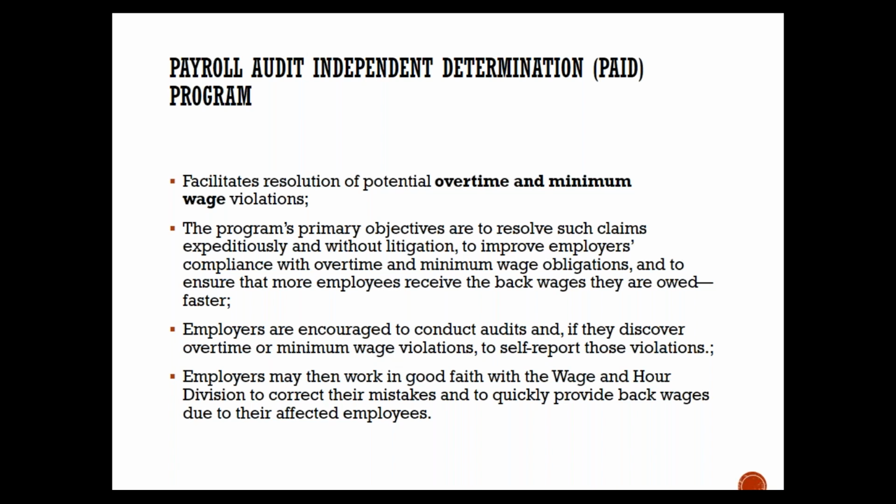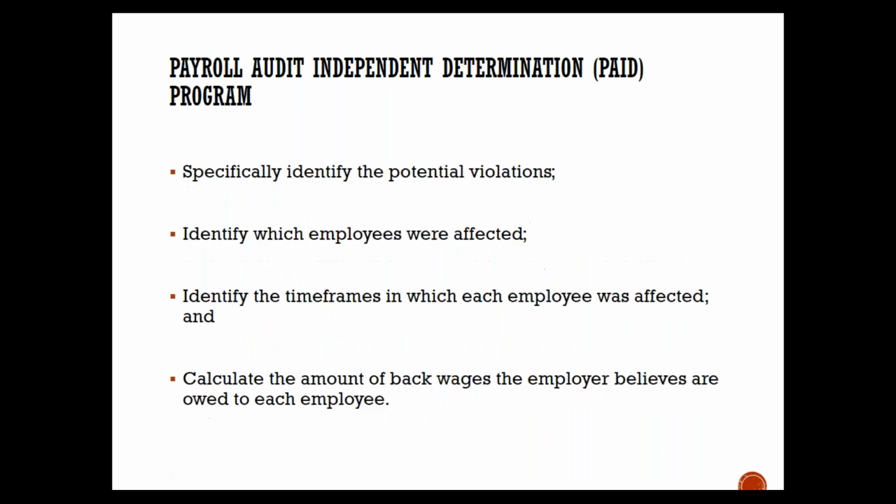So you can go on, they have a website, and I'll show it to you, where you can log in, the employer can go in and take all the steps necessary so that this does not go to litigation or an audit. What it will do is they have to specifically identify the potential violation, and this is self-reported by the employer, which is really nice.